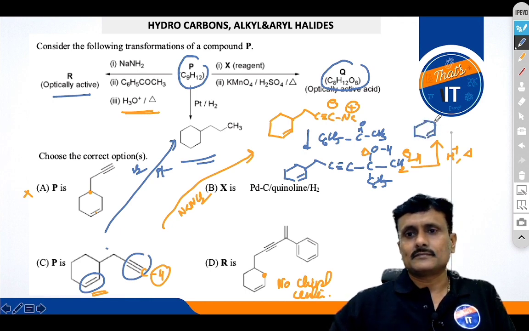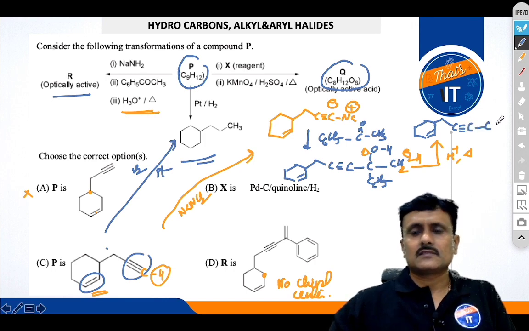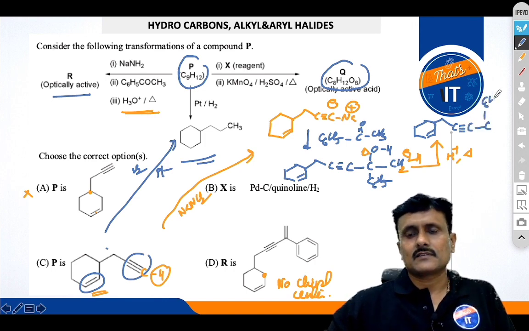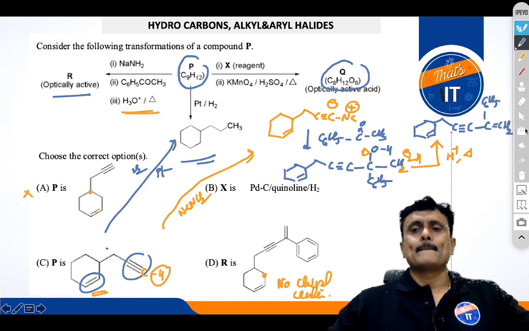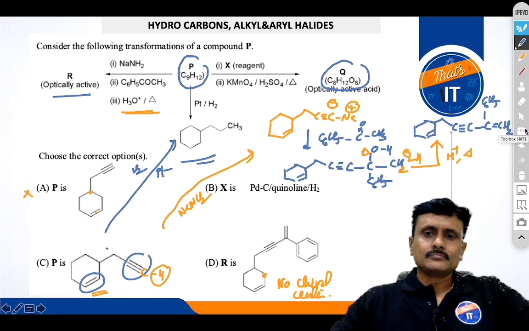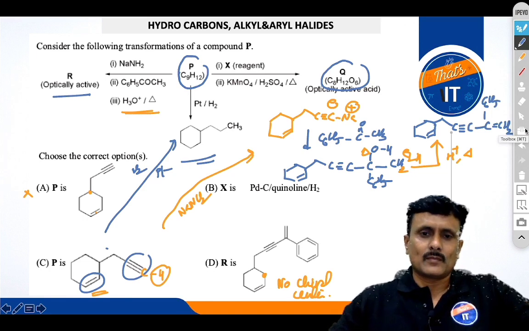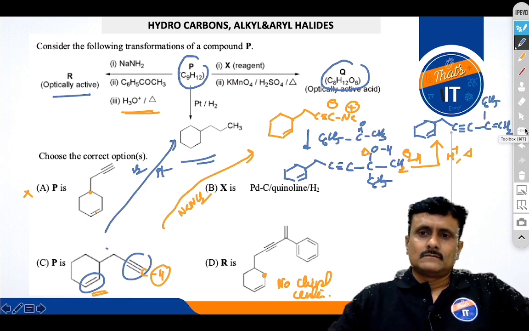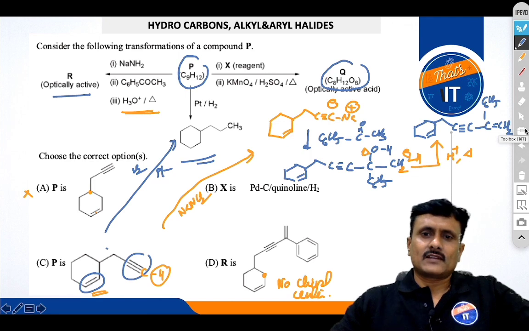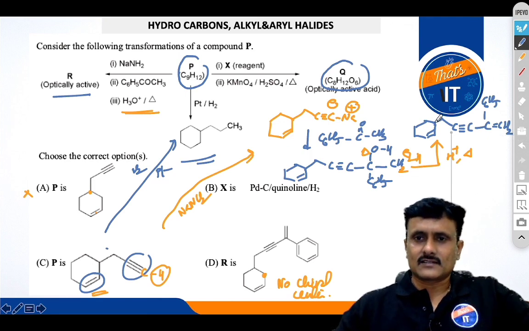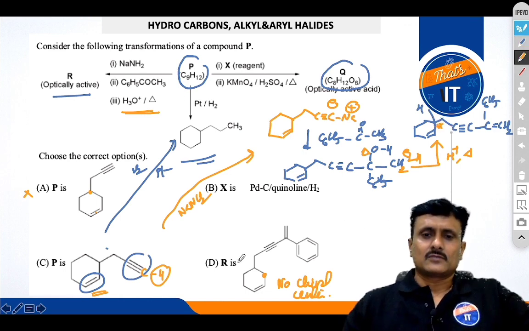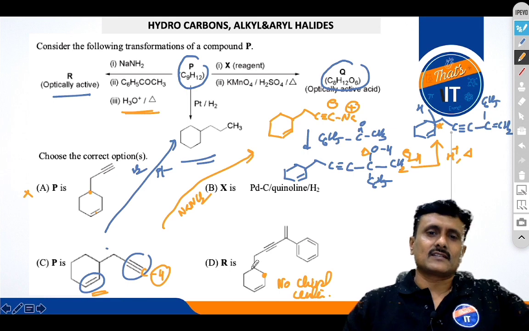Double bond C, triple bond C, C, C6H5, double bond CH2, isn't it? Alright, am I right? So you can see that if I take this substance, there is a chiral center, isn't it? This is that chiral center which we are talking about. So this is not matching, nowhere there is a chiral center.